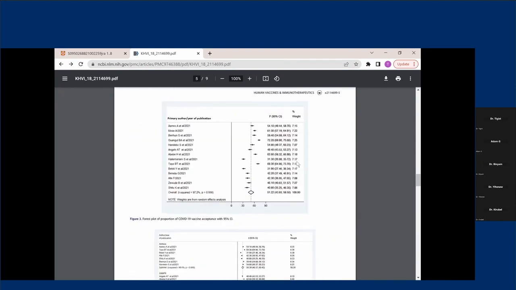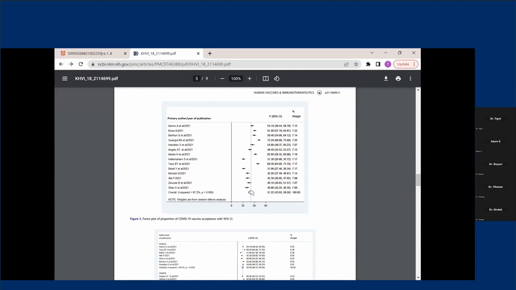Using the forest plot, the prevalence of vaccine hesitancy among the different studies is put here. And finally, if we feel comfortable after assessing different factors that these results can be pooled together, we can pool them using the meta-analysis. As you can see, the pooled effect is put here at the bottom.